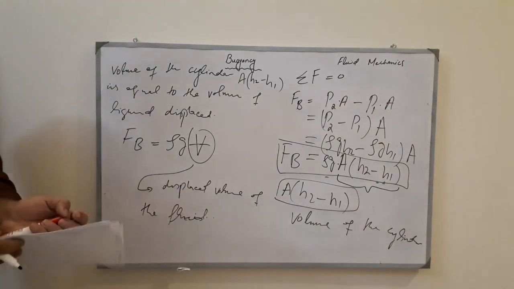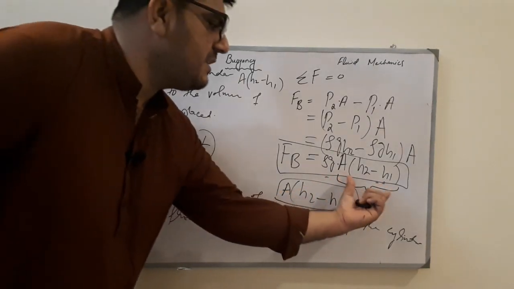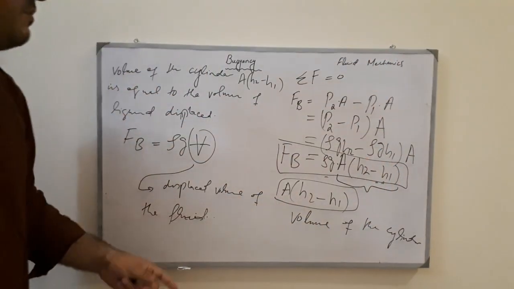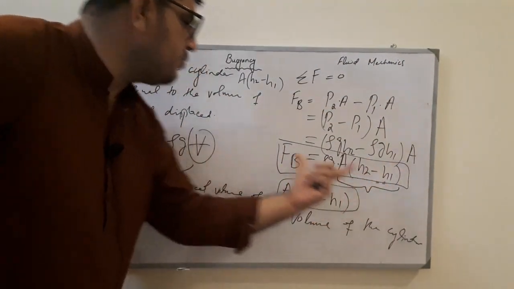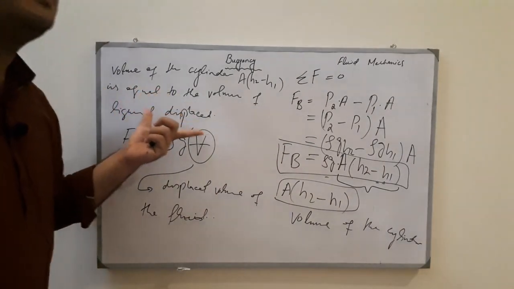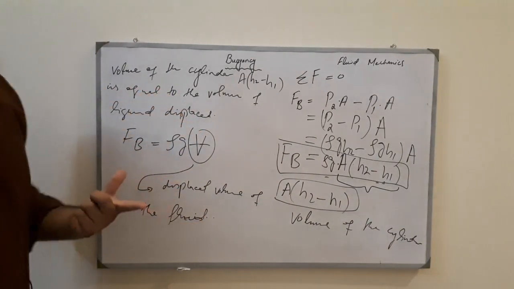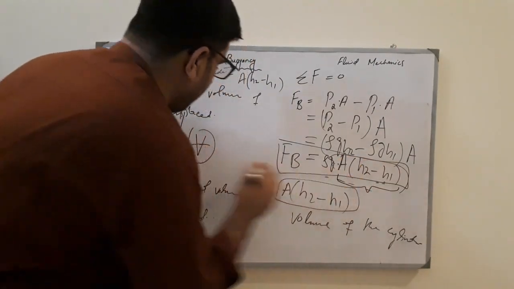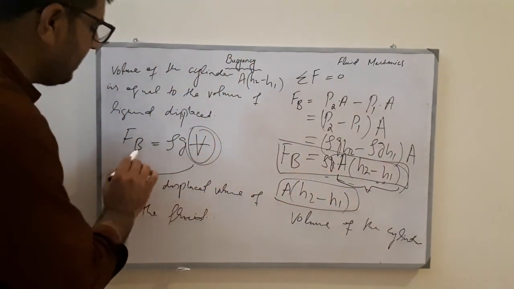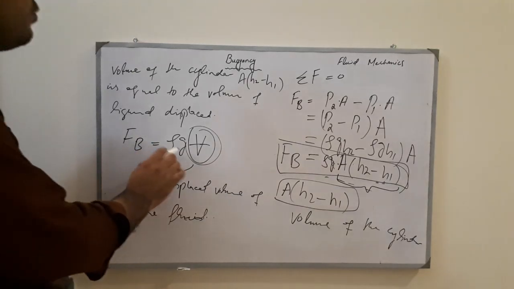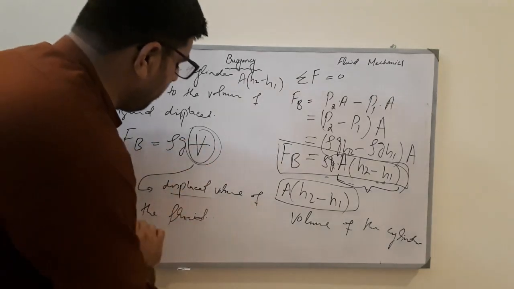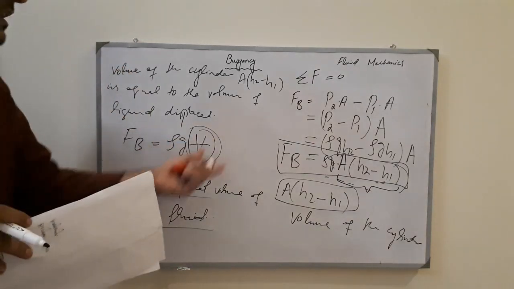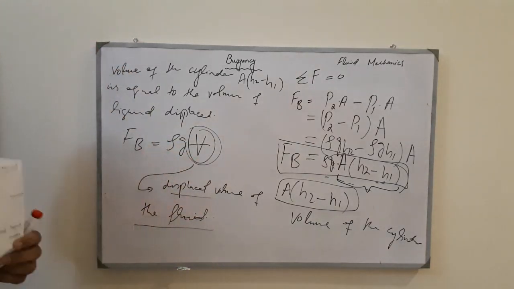To revise, this is the volume of the cylinder which we have dipped into the free surface, and it is equal to the volume of the liquid displaced by the body. So instead of this term we have inserted its value, and the buoyant force is equal to rho g into the displaced volume of the fluid. So this is the buoyant force.